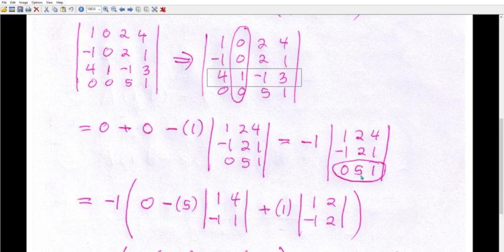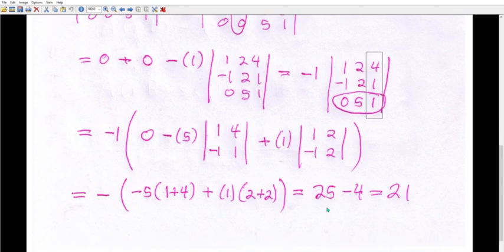And now the little 2 by 2 that we end up with is 1, 4, minus 1, 1. And then finally, we're going to expand around the 1. And we get this little determinant 1, 2, minus 1, 2. And this 1 is in a positive position because it's row 3, column 3. So that counts as a plus 1 times our little 2 by 2.